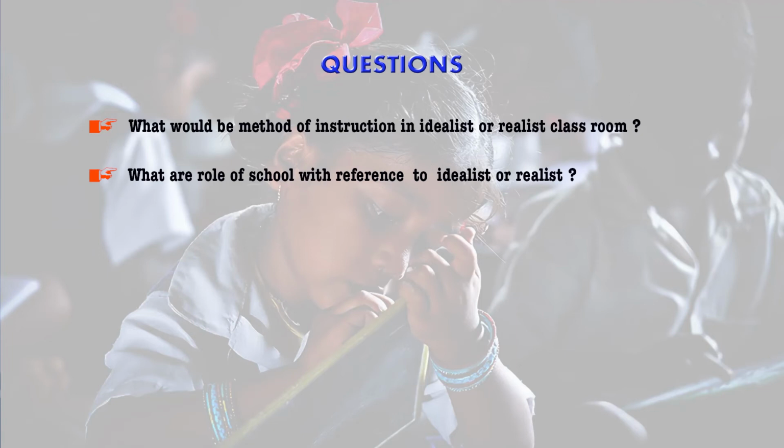The second question is, what is the role of a school with reference to idealism and realism? In an idealist school, the school has an aim, as we discussed in the first slide and earlier, and this aim is about nurturing learners so that they can come out with creative ideas. That is the role of a school.